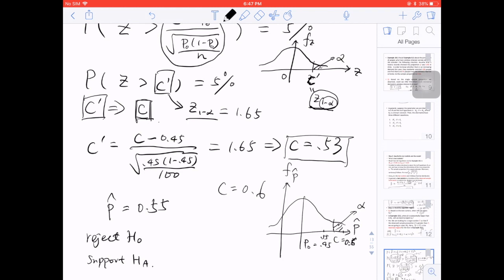In this case, I fail to reject the null hypothesis, which means there is not enough evidence to show that there is an increasing demand for this service. But in our case, c is calculated as 0.53, which means my p hat falls into this interval, and we have to reject the null hypothesis.